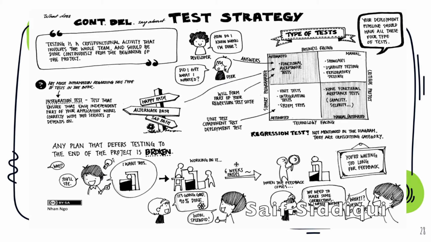We just need to start as soon as possible. Testing is a cross functional activity that involves the whole team and should be done continuously from the beginning of the project. So that's what I was saying, testing is not only the tester's responsibility, it's the responsibility of the whole team to follow the required process and deliver a very good product.